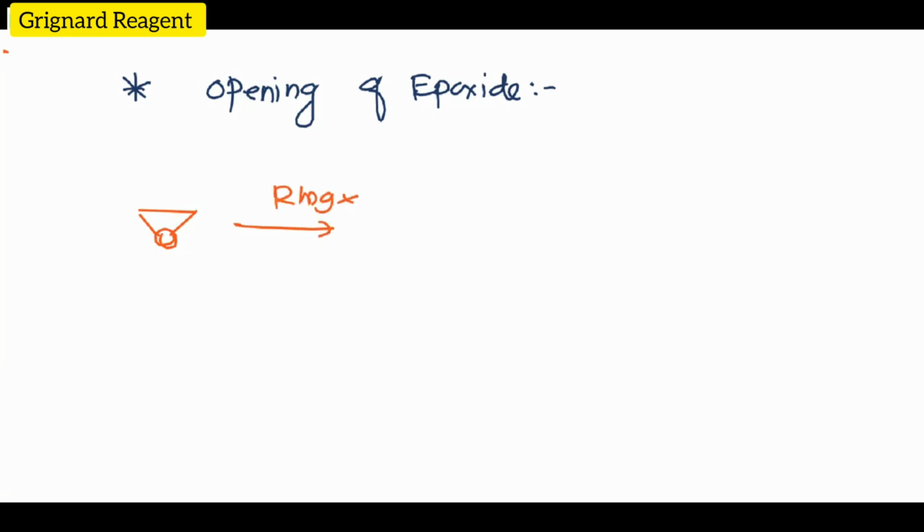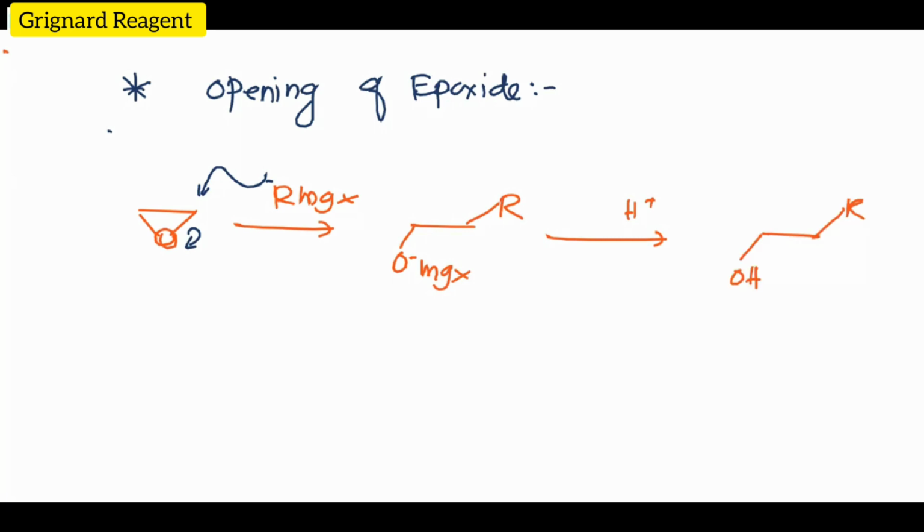RMgX is a nucleophile, so it will open the epoxide, and the resulting products are alcohols. Look at this one. This is my R, this is my O negative with MgX, and finally by protonation it will convert into the product like this.